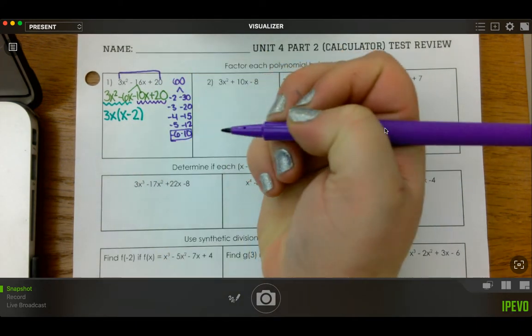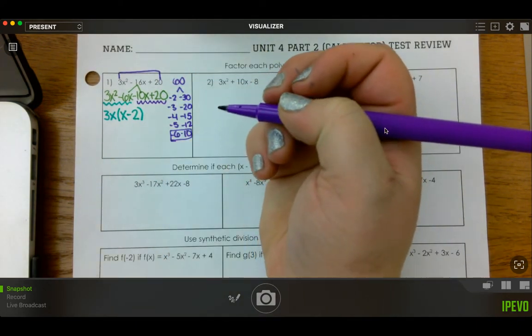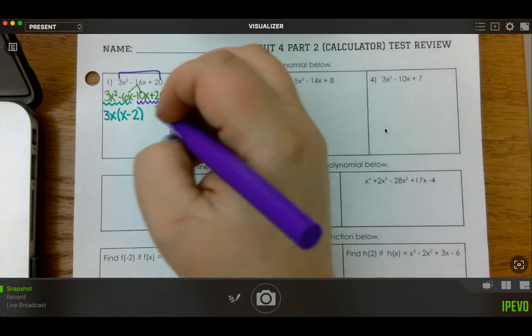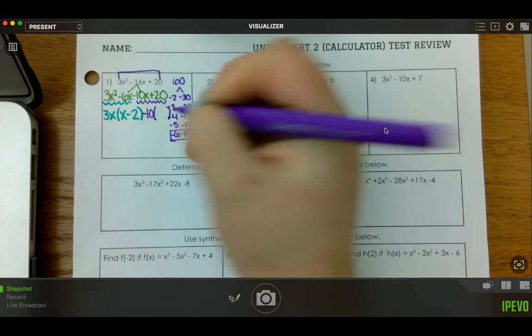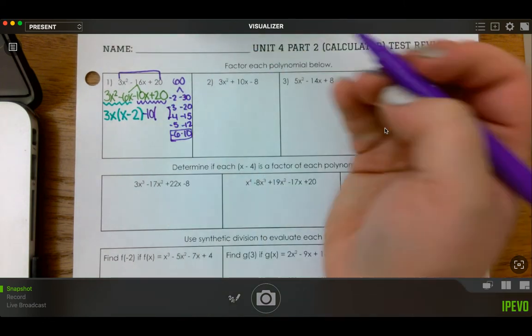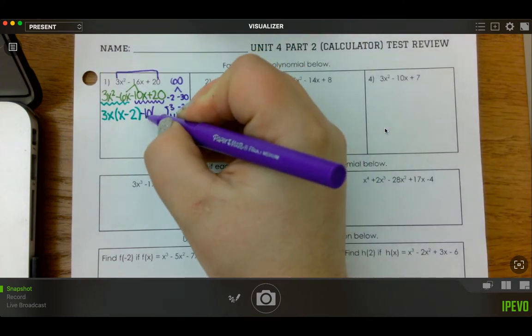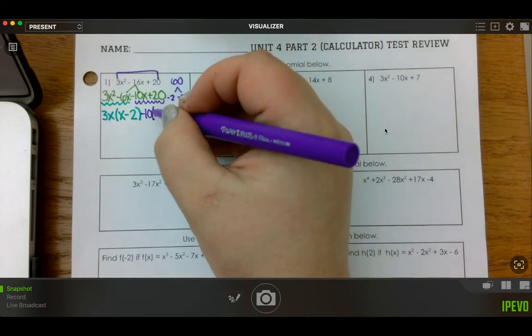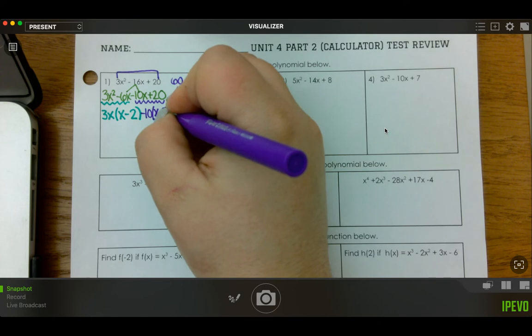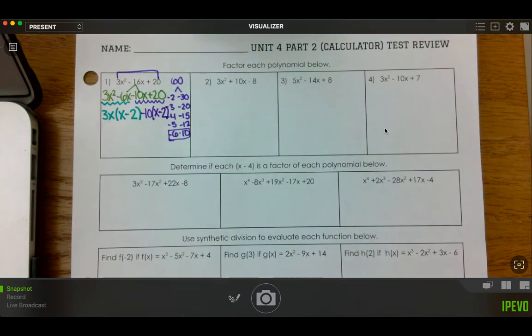Over here, 10 goes into both of those. Since you don't want the first thing in the parentheses to be negative, I'm going to take a negative 10 and put it in front. And I'm sorry this is going to be a little bit scrunched, but negative 10x divided by negative 10 is just x. And 20 divided by negative 10 is negative 2. So you'll notice I have an x minus 2 in both.